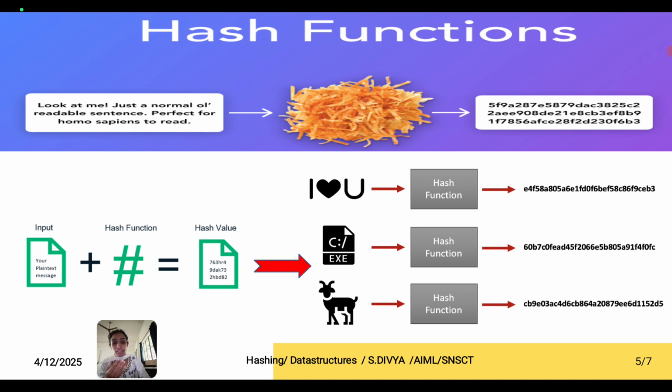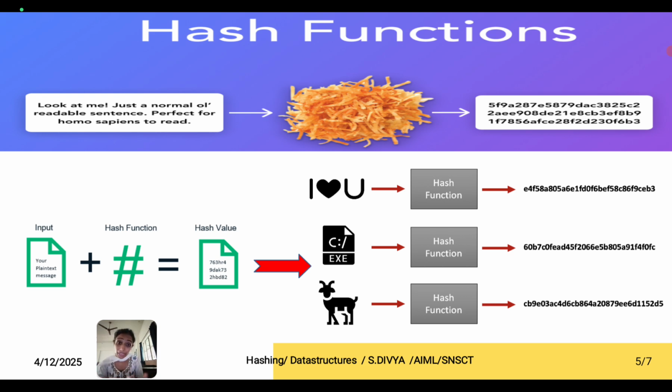So 45 mod 10, what will be the remainder? 10 times 4 is 40, so the remainder is 5. So in the array at index 5, you can store the key value 45. Now you have got the location in the hash table where you can store the key value. This is how a hash function works.